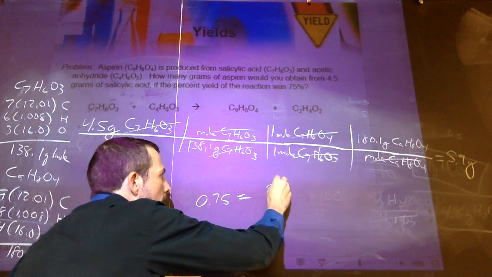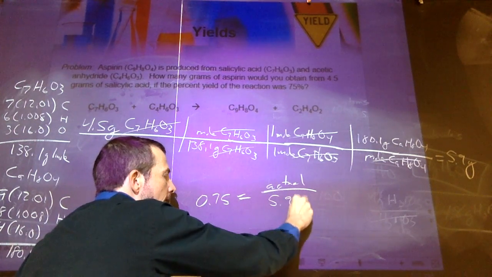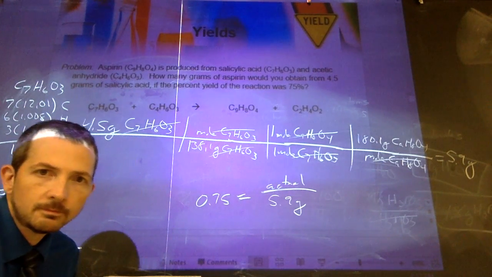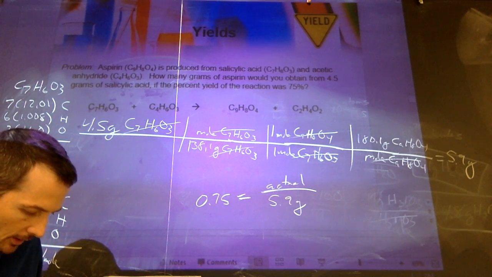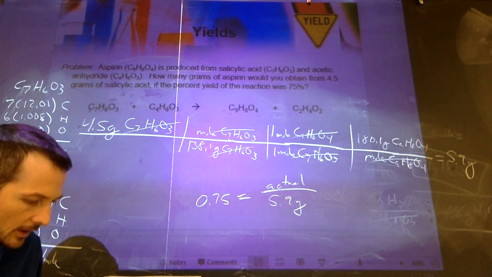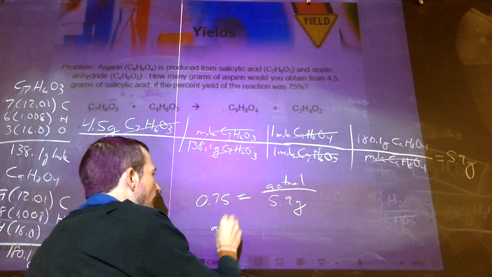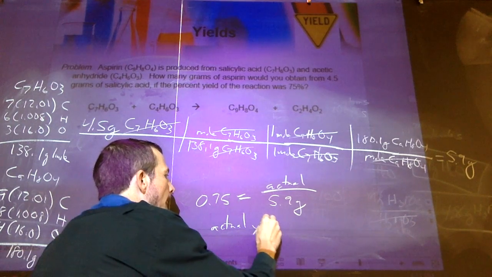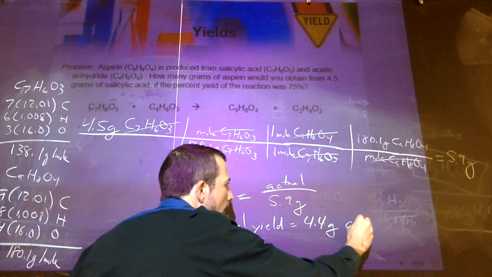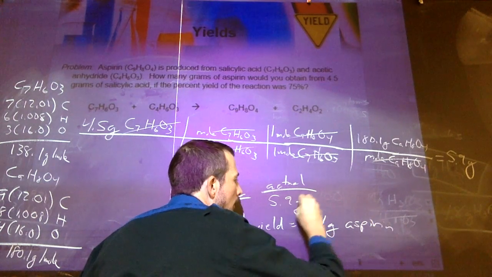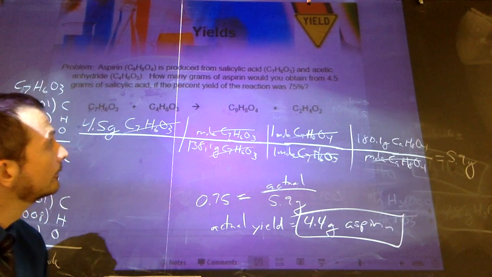So actual, my theoretical, which is what I counted out there, would be 5.9. So 75% of 5.9, and I get 4.425, so 4.4. So 4.4 grams of aspirin.